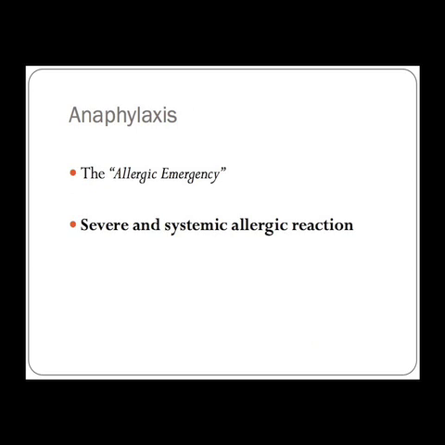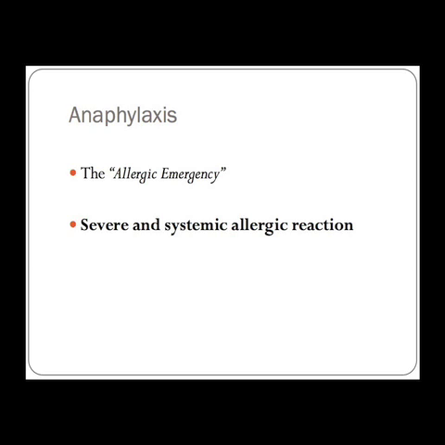So I'm now going to talk about anaphylaxis itself, which is really the allergic emergency and represents a severe systemic allergic reaction. Usually there is both skin and organ involvement. There will be respiratory difficulty caused by smooth muscle constriction in the airways and excess mucus production, often with laryngeal edema caused by excessive vascular permeability, as well as hypotension due to increased vascular permeability and leaking of fluid out of the intravascular compartment.